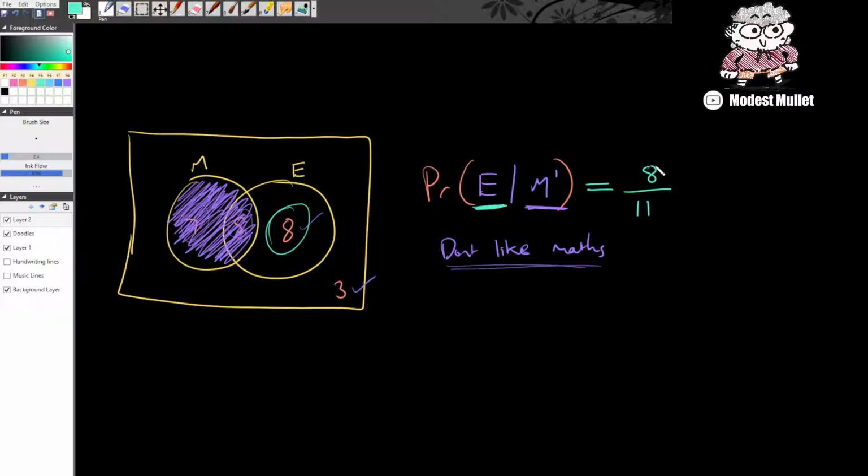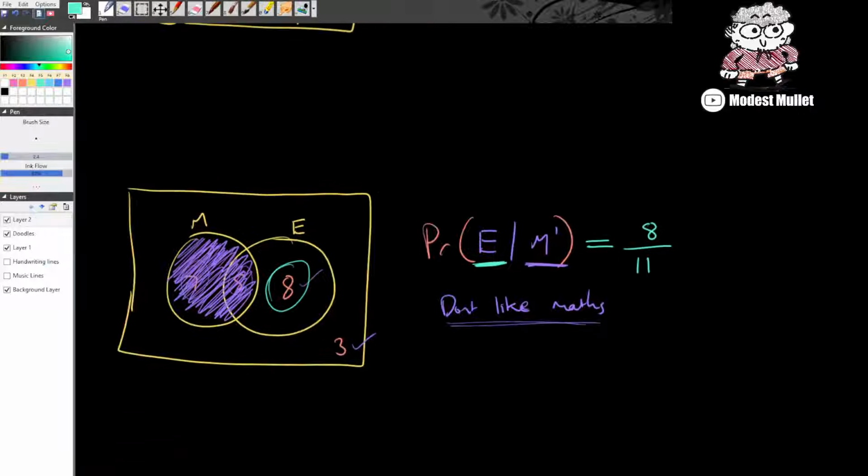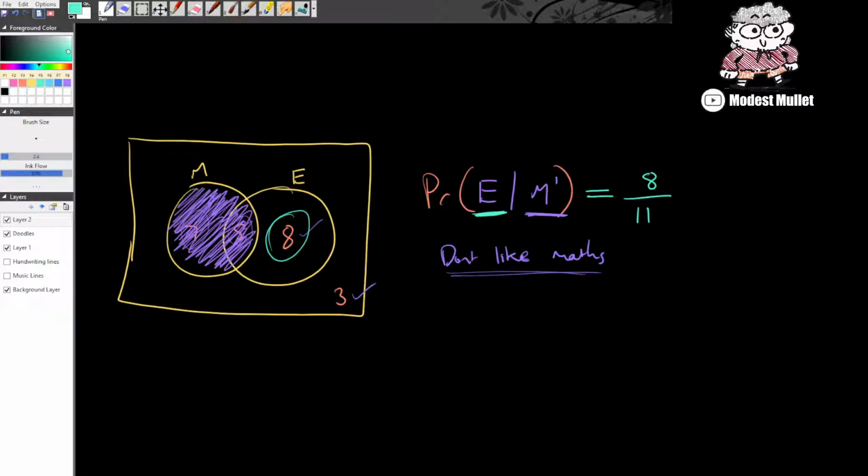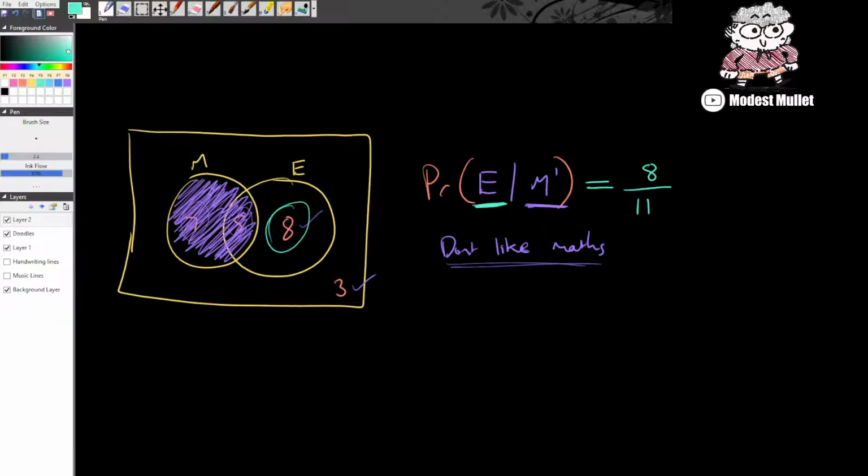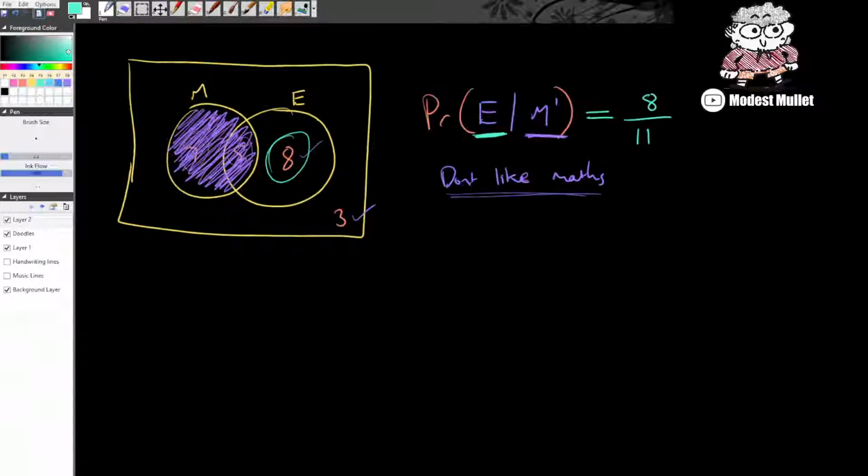And that's our answer. So just like the two-way tables above, I think it's best to visualize by blocking out anything that doesn't meet our conditional probability requirement. We get to block them out, we get to exclude them, and then look at what is left. So that was a two-way table, and that's a Venn diagram.